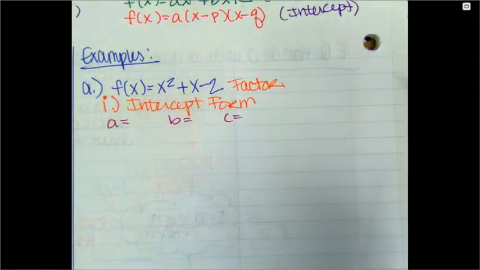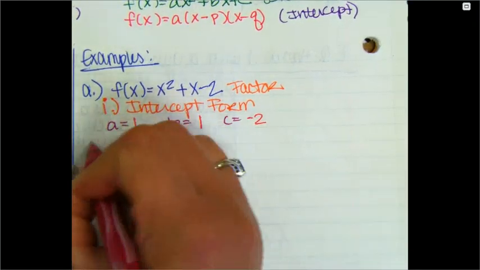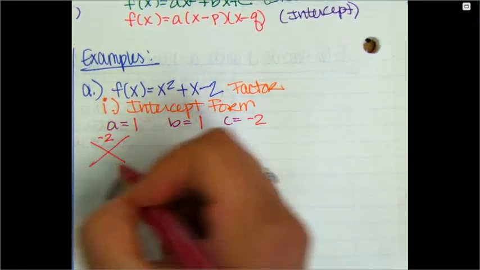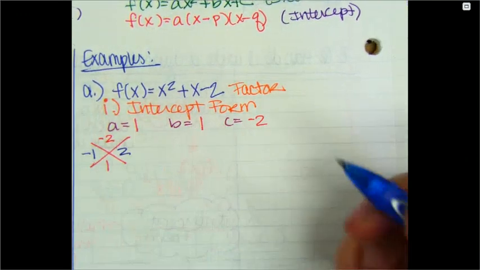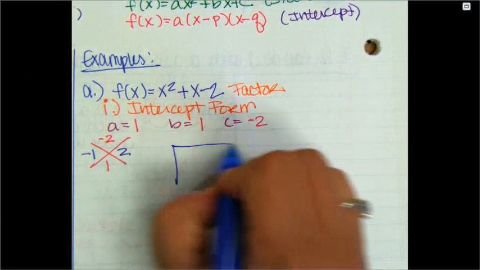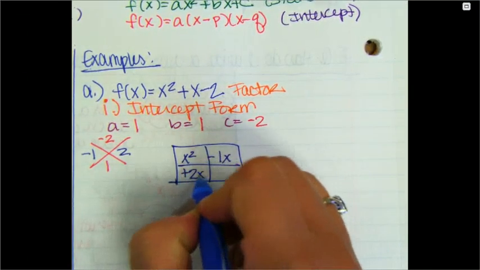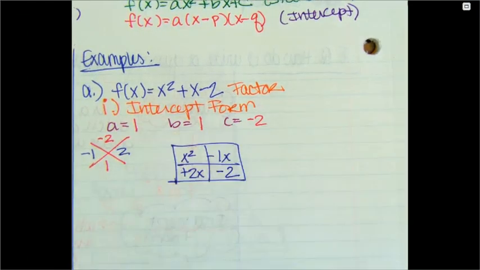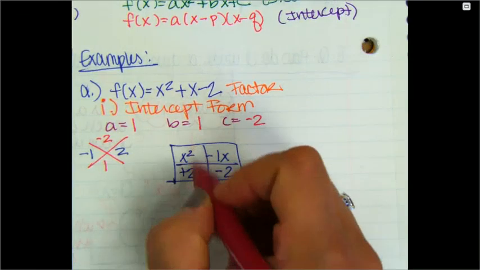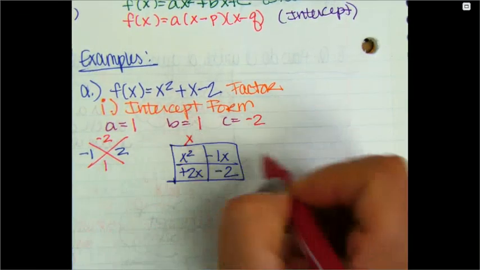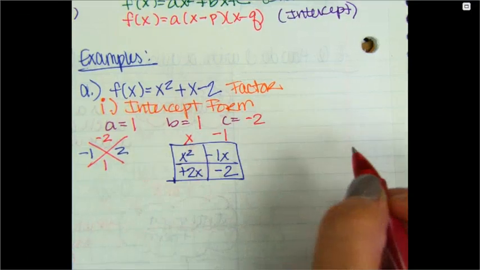What's A? B? C? X squared, negative 1x, positive 2x, and negative 2. X squared and 2x have what in common? X. Negative 1 and negative 2? Negative 1. X squared and 1x?